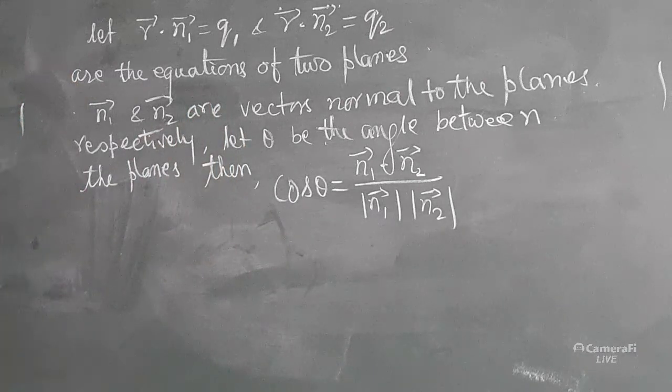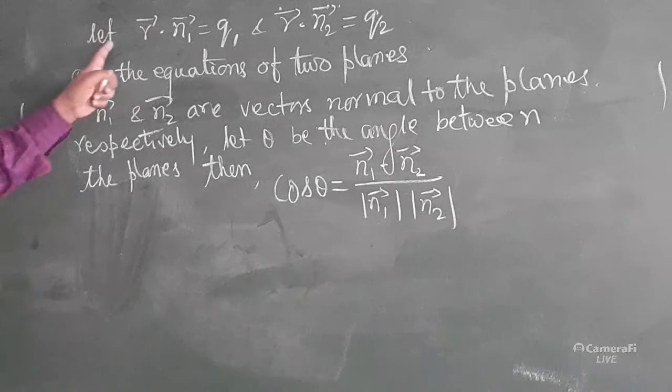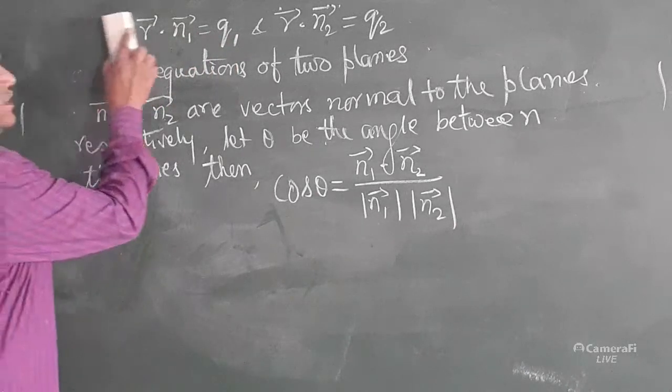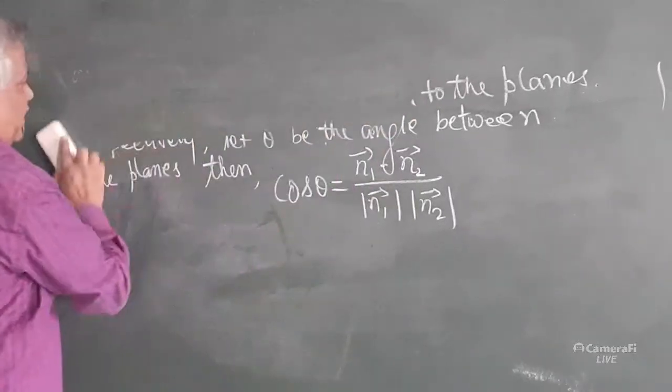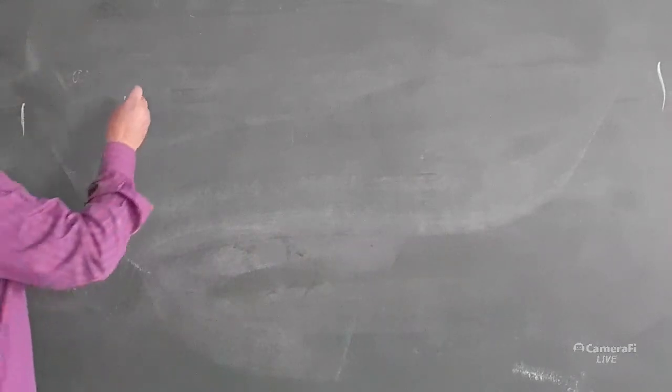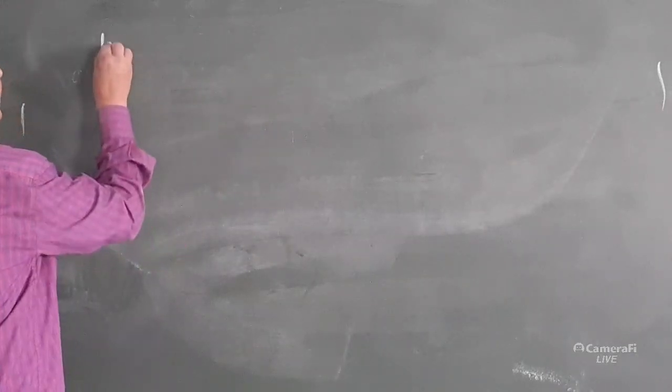Now, these are the equations of the planes in vector form. If the equations are given in Cartesian form, then the formula is derived as follows.